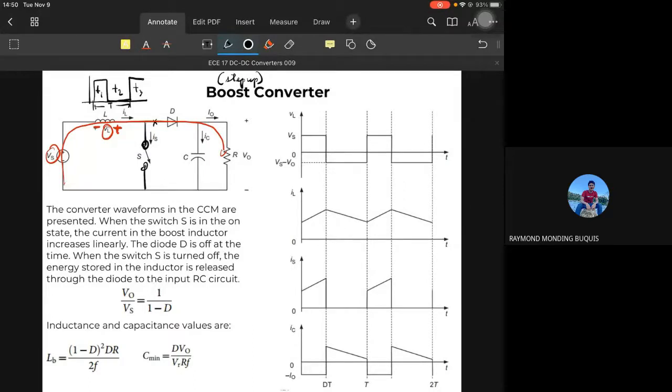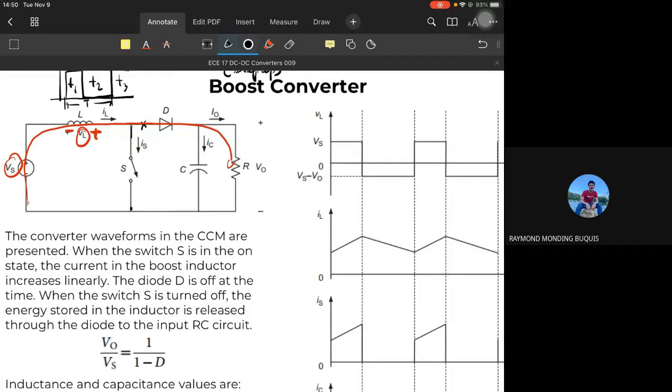So, of course, when the switch is on here, the diode has a purpose. When the switch is on, the initial current is cut off. That is why the inductor current flows here instead. So the capacitor would discharge. If there were no diode, the capacitor would discharge its current back through here.